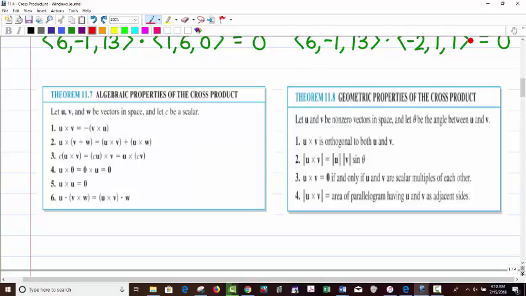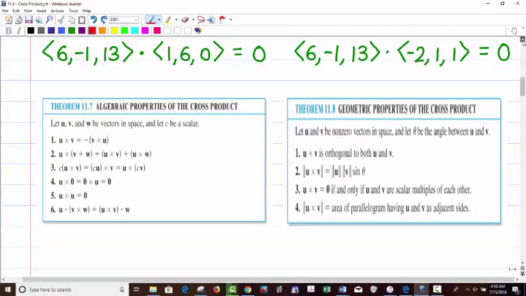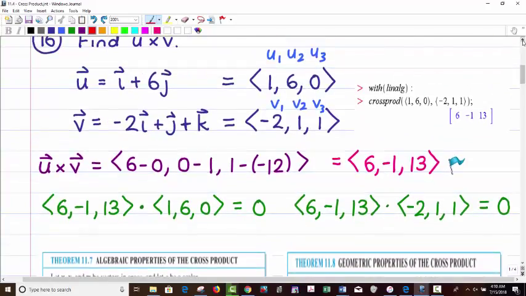That means back up here, we just did u cross v, so if another part of this question asked what's v cross u, we would not have to make that calculation because it would just be the negative of this one. In other words, v cross u would automatically be -6, 1, -13.